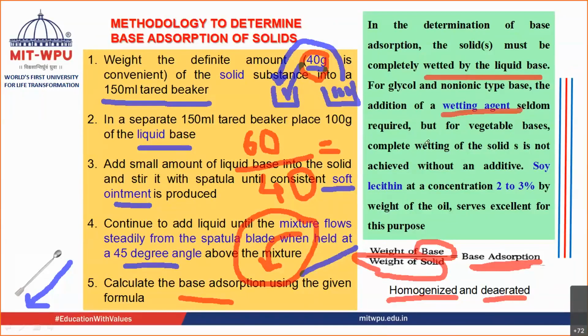They are seldom required, but if required, you can add them to the base. An example of a wetting agent is soy lecithin, which can be used in a concentration of 2 to 3%, in order to have wetting.